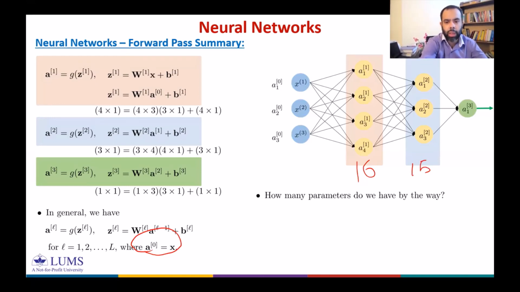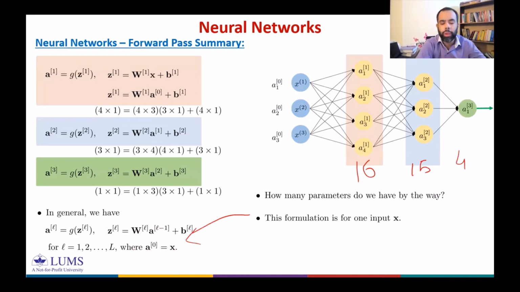And here we have 3 inputs, so 3 weights, and we only have 1 node, so 3 plus 1 bias term is 4. Right? So in total we have 35 parameters. So this formulation, what we have here, is for one input X.